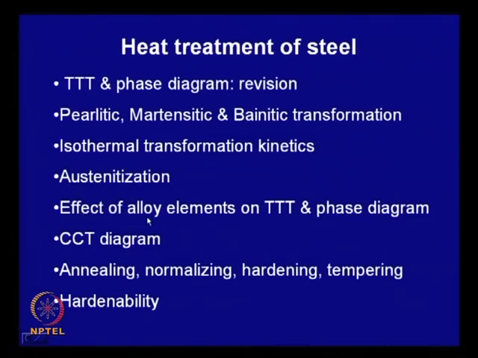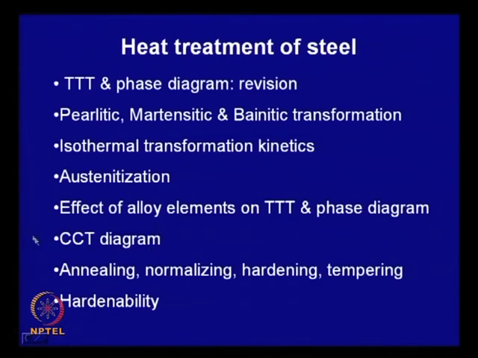We will also look at the effect of alloy elements on the time temperature transformation diagram and phase diagram. Very often what we do, this is called the time temperature transformation diagram, and these are drawn under isothermal conditions. These diagrams are generated from experiments conducted under isothermal conditions, but normally when you cool a steel, when you quench, the temperature at a particular point in the steel changes continuously.